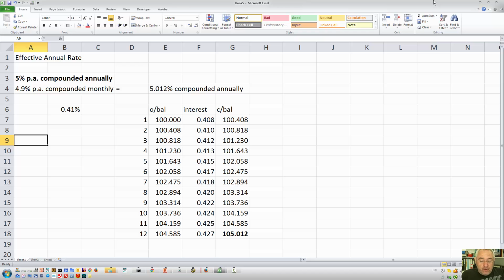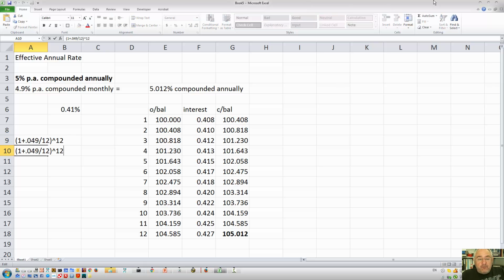What I can do, I can have 1.049, that's your 4.9%, right? Actually, I should do it better. 1 plus 0.049. Now, each month, we're only applying a 12th of that, but we're doing it 12 times. Okay, so that's the formula.